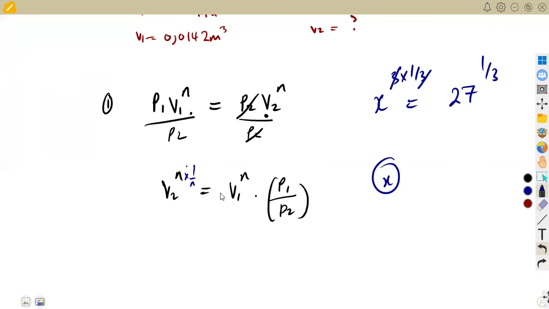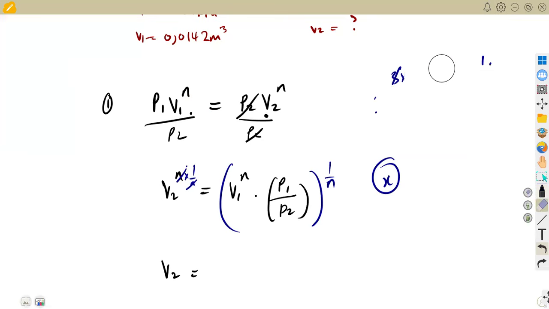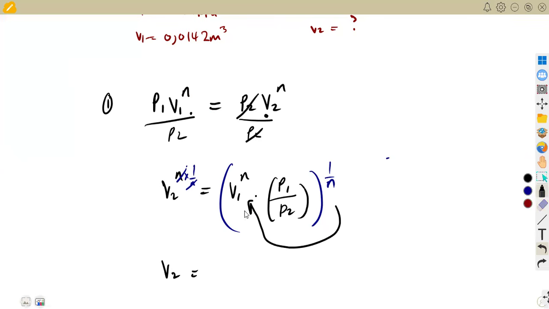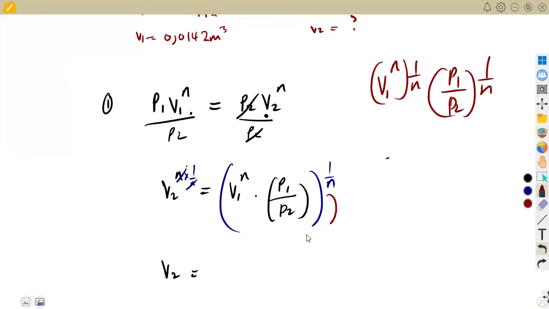So if I raise to the exponent of 1 over n, I'm removing this, which means I'm left with V2, which is equal to V1 to the exponent of n to the exponent of 1 over n, times P1 over P2 to the exponent of 1 over n also.